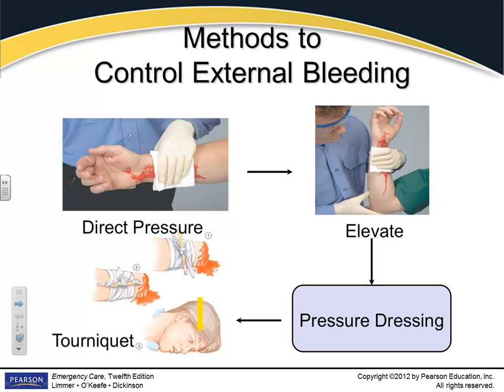I might put a couple more dressings on there. But if it continues to squirt all over, then I'm going to put a tourniquet on there. Now, a pressure dressing would be, if I was holding like this and I put a few more dressings on there, and I wrap that very tightly to maintain some direct pressure. That's what a pressure dressing is.